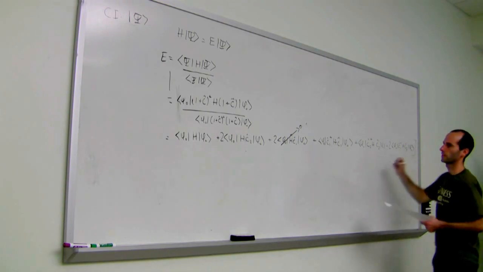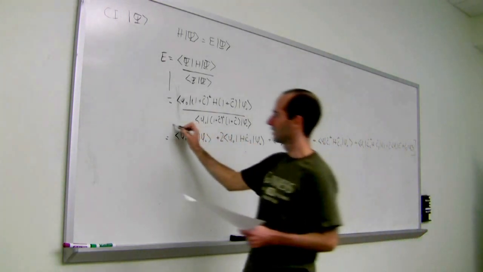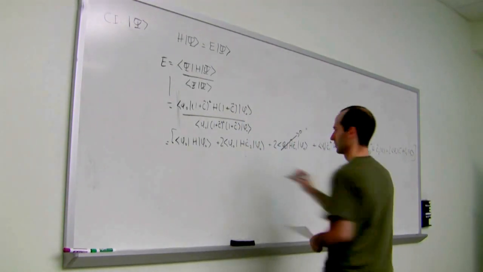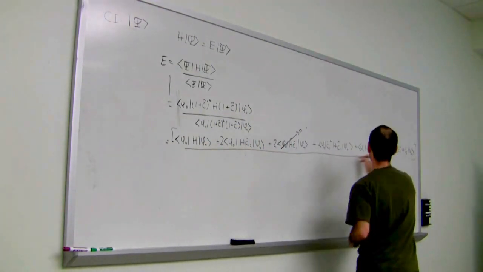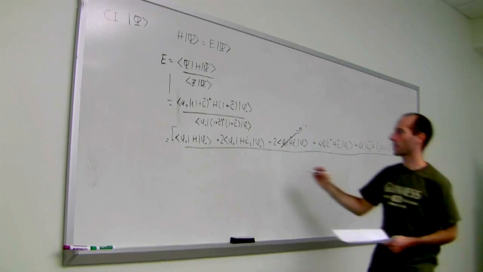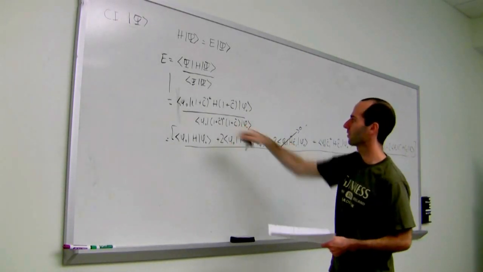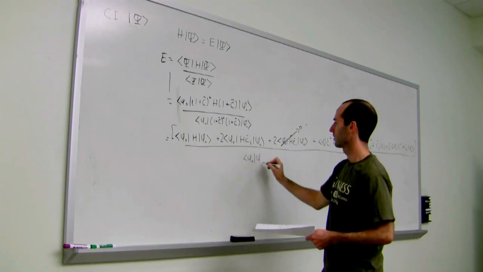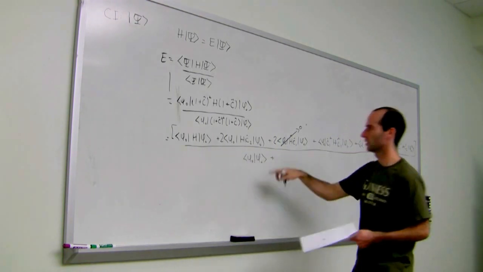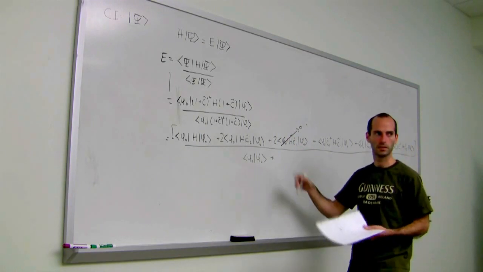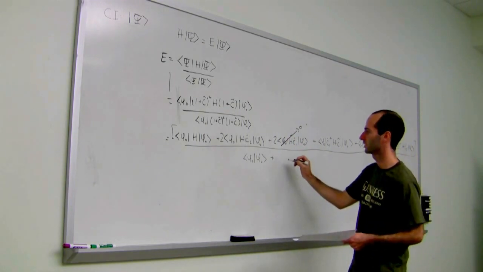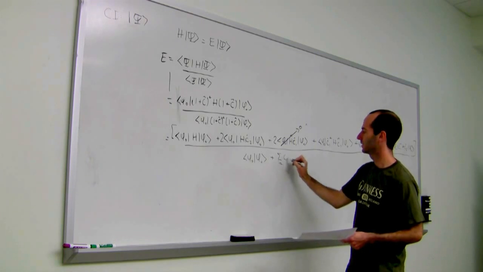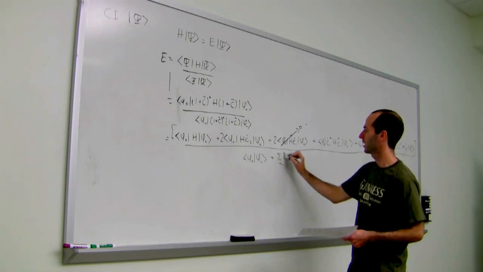Okay, that's all upstairs. What goes in the basement? I guess I'll draw a gigantic line. This is just the overlap of the wave function with itself, so it's going to look like the sum of the squares of the components, because we're using an orthonormal basis, plus the sum of C_IA squared.